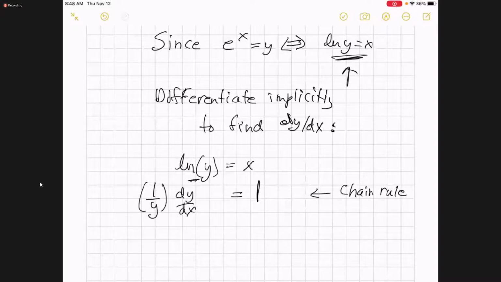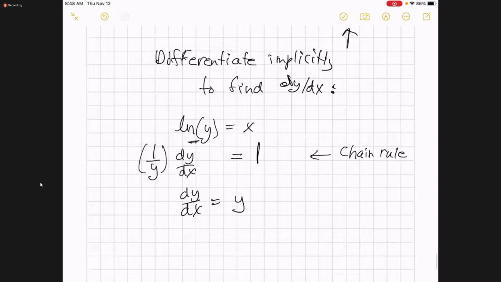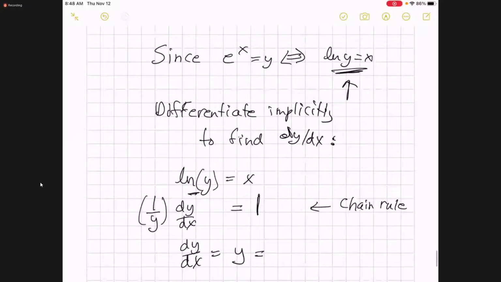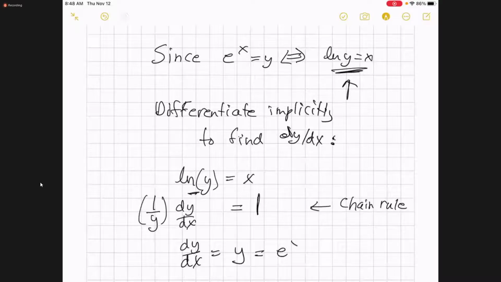And that says that dy dx, multiplying both sides by y, is y. But y is e to the x. This function is its own derivative.